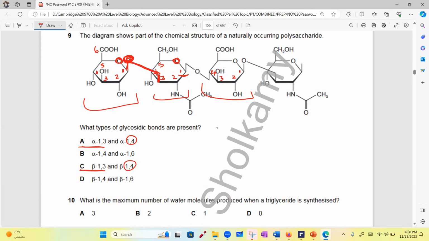Beta. So the answer is what? C. Do you all understand? Do you all know why? These are made up of beta glucose molecules. Go to any carbon number 1 and look at it. You'll find that up there you don't have a hydrogen. It was originally an OH group. So the hydrogen was below. So this is a beta glucose.